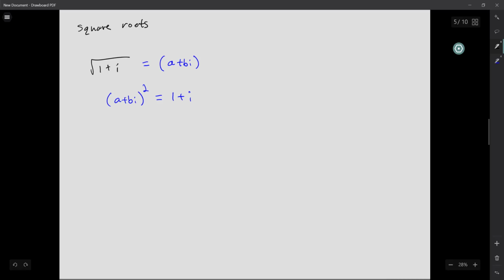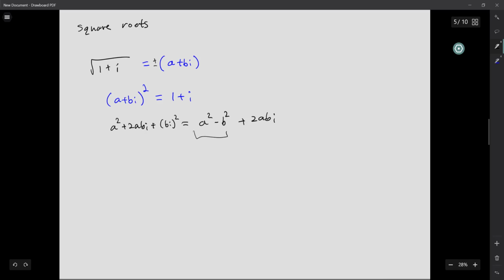So I'll just multiply this out. I'll go ahead and put the plus or minus up there, but let's see, I'll have a squared plus 2abi plus bi squared. All right, that's a squared minus b squared plus 2abi.